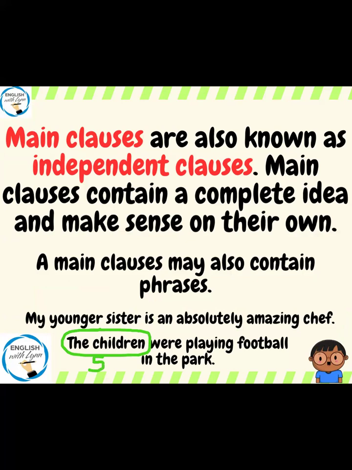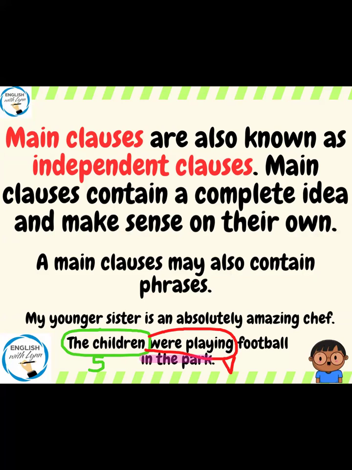In this sentence, we have a verb phrase because you need two words here to make the verb, and the verb is were playing. Okay, so that is the verb. Football is what they were playing, and then at the end there, we have another phrase in the park. It's saying where they are playing the football.